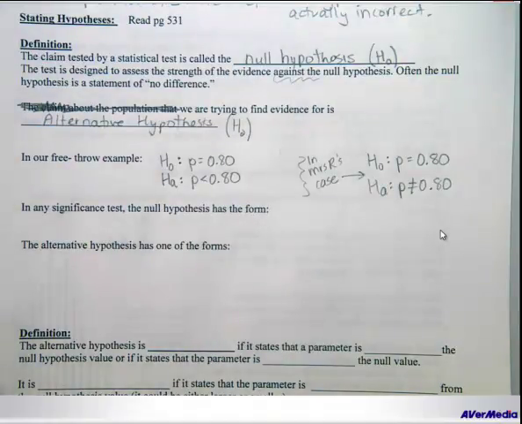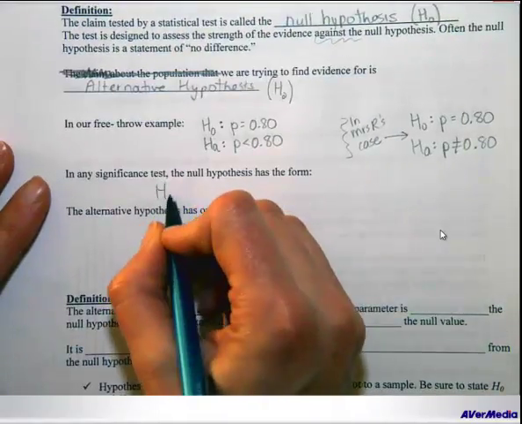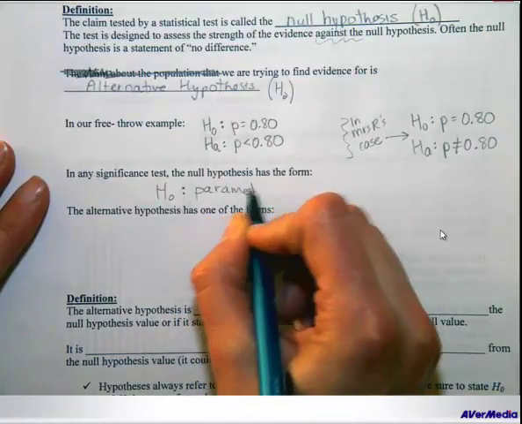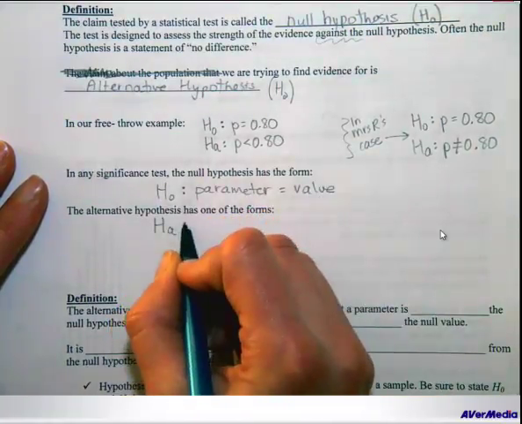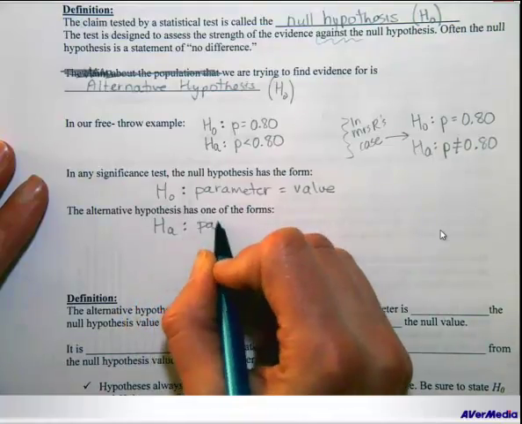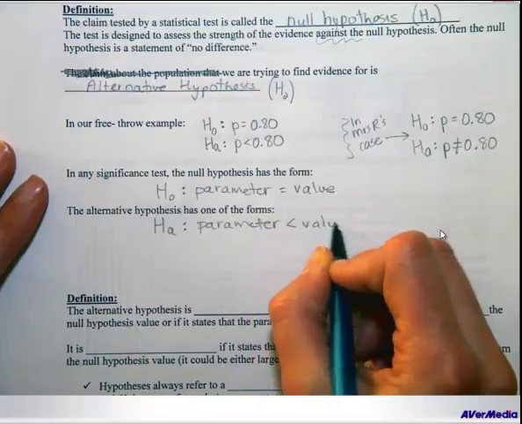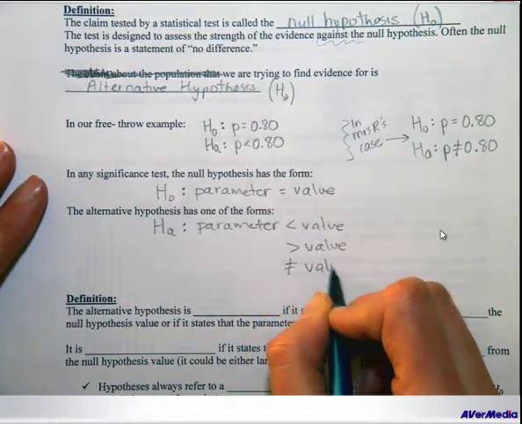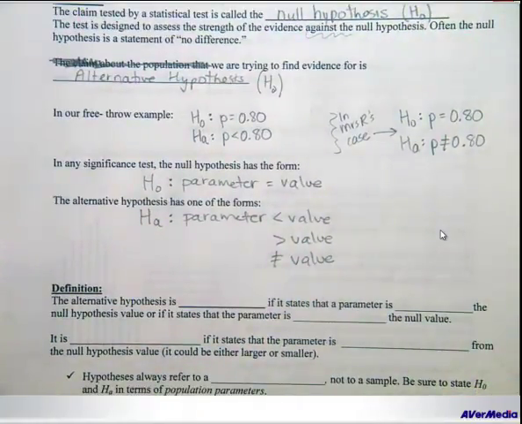Okay. In any significance test, the null hypothesis has the form H naught colon parameter equals some value. And the alternative will look like this: parameter either less than a value, greater than a value, or not equal to a value. Those are basically our options when we write hypotheses.